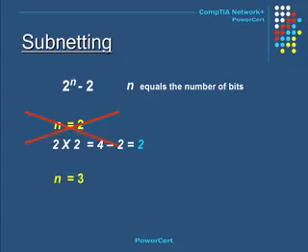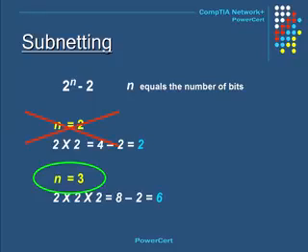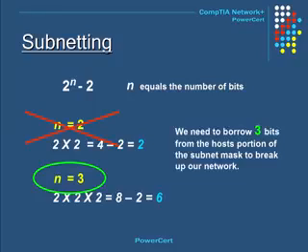So let's try 3 and see if that works for us. So 2 times 2 times 2 equals 8, and 8 minus 2 would equal 6. So borrowing 3 bits will give us 6 subnets, which will be fine because we need at least 3 subnets.